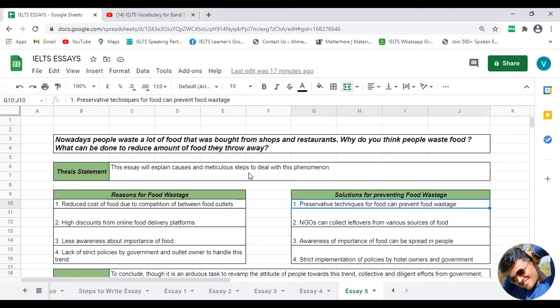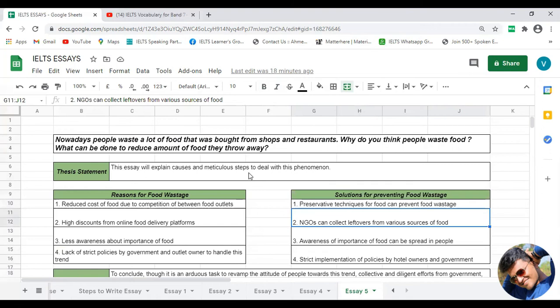And if I talk about a food outlet or any food store, then they can also use these preservative techniques or equipment for a certain period of time to keep the food intact in a good state, and that can be delivered to the customer, and in that way also the food wastage can be reduced. So that particular point we can include in the solution for this problem of food wastage, and you can include that point in your body paragraph number 2.